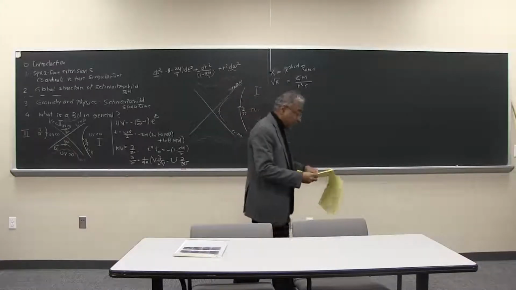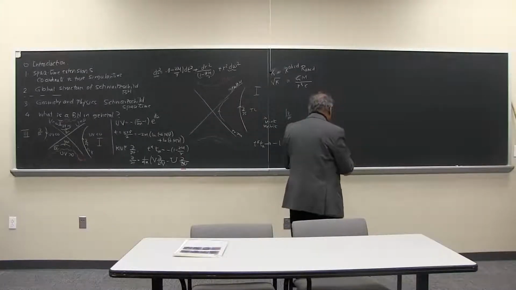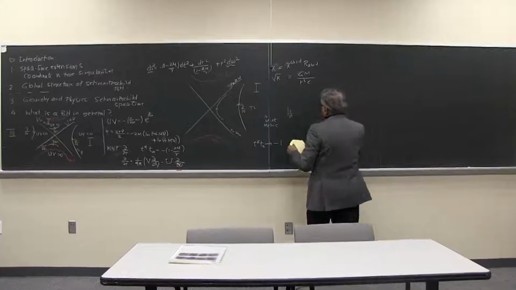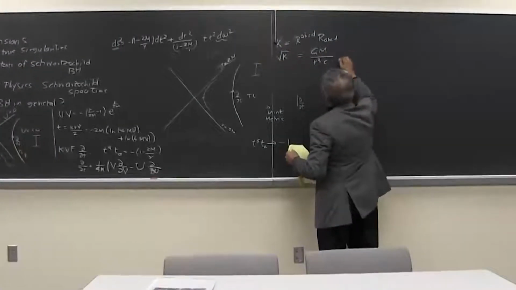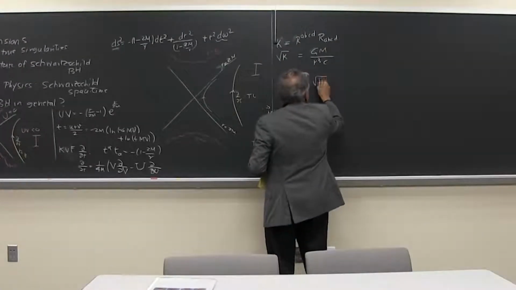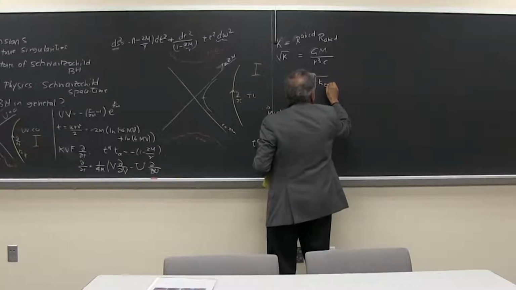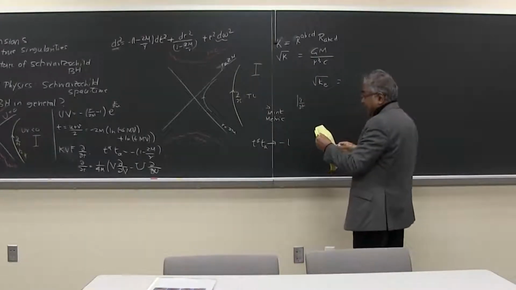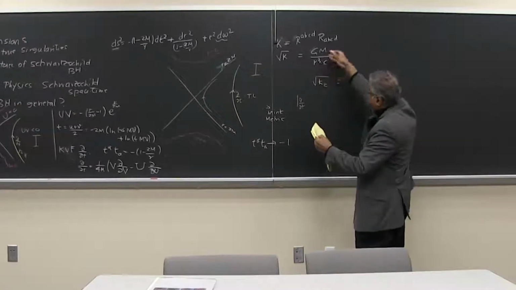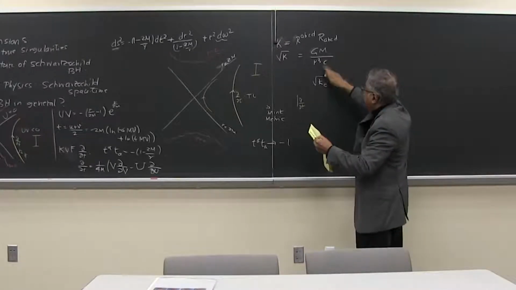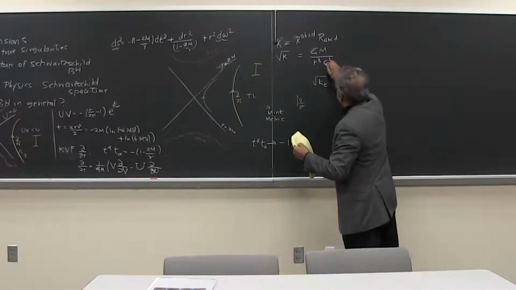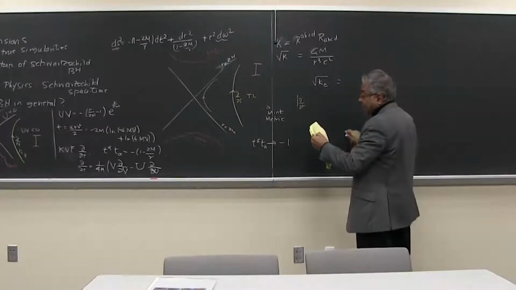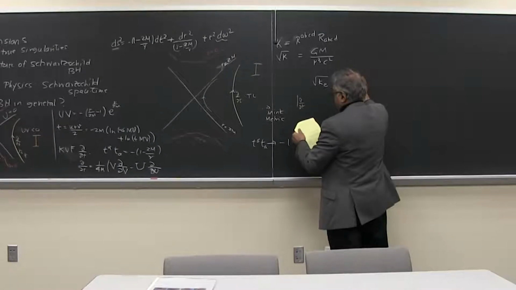So if you calculate the Kretschmann scalar on Earth, the square root of K on Earth, where E is for Earth, you just put the numbers in: the radius of Earth, the mass of Earth, and G and c squared. And then we'll get this to be about 1.5 times 10 to the minus 17 kilometer minus 2.